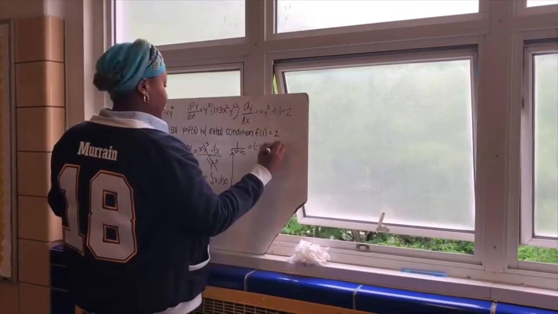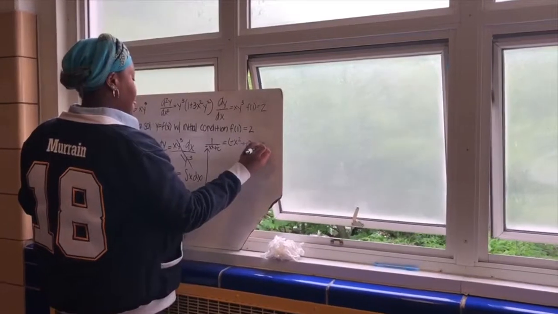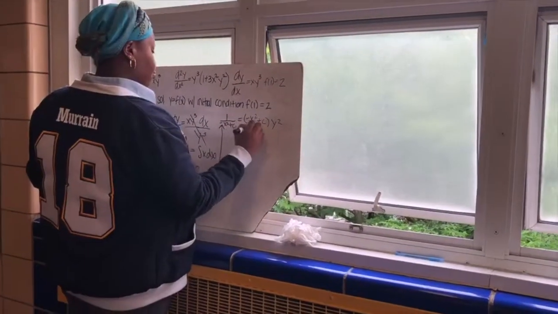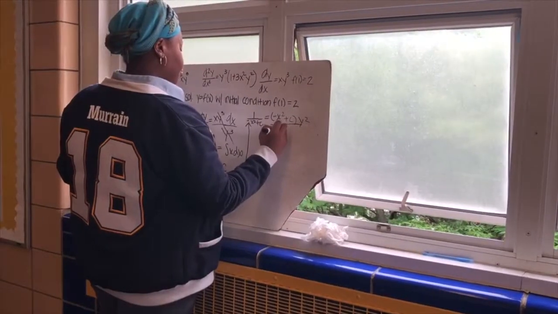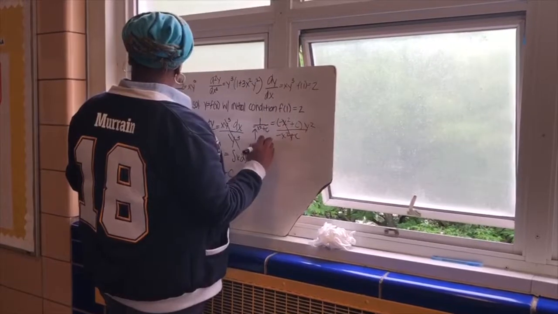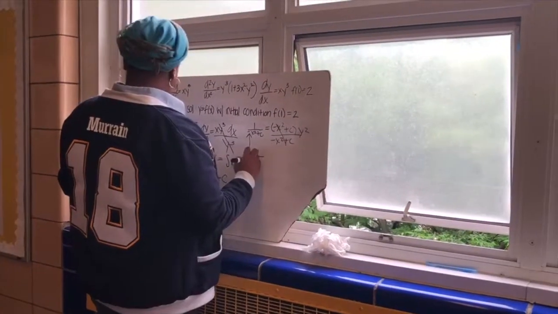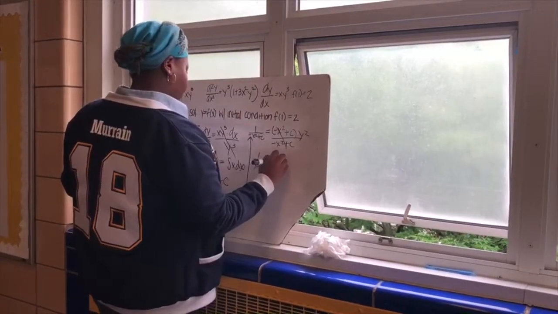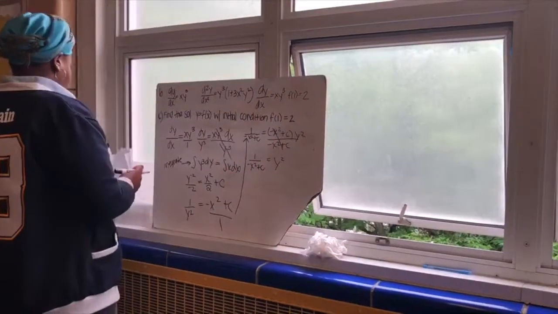Now you have to divide by negative x squared plus c on both sides to get y by itself. After that, you get an answer of 1 over negative x squared plus c equals y squared.